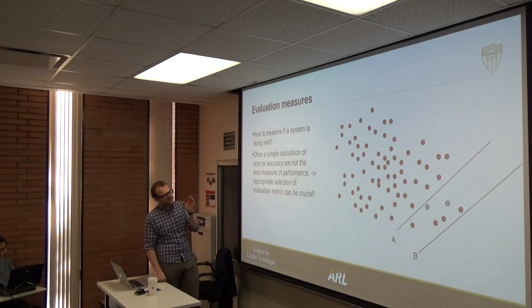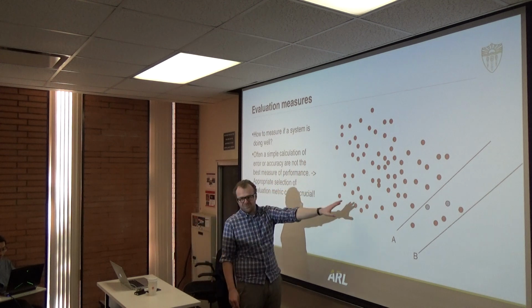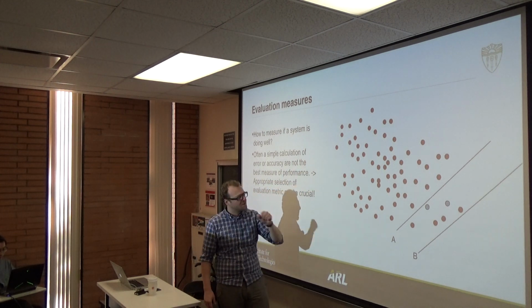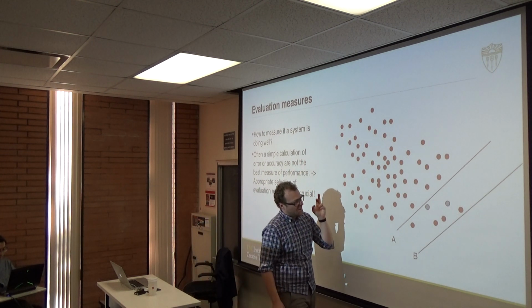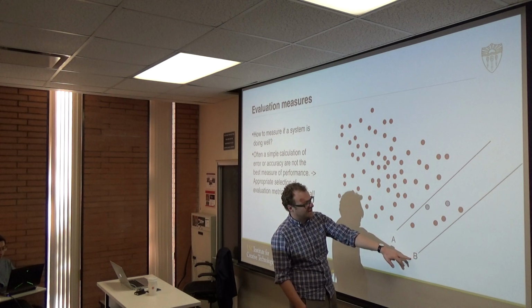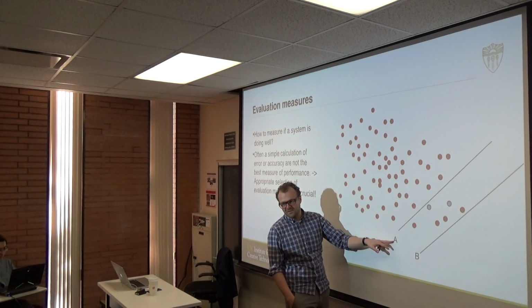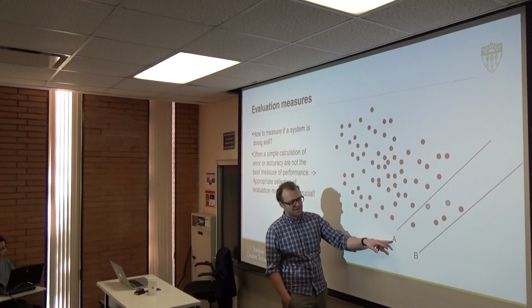So we have a data set that's incredibly imbalanced. We have way more red points than blue points. And if we classify using this line here, we make a smaller error on accuracy than if we classify with this line here, right?